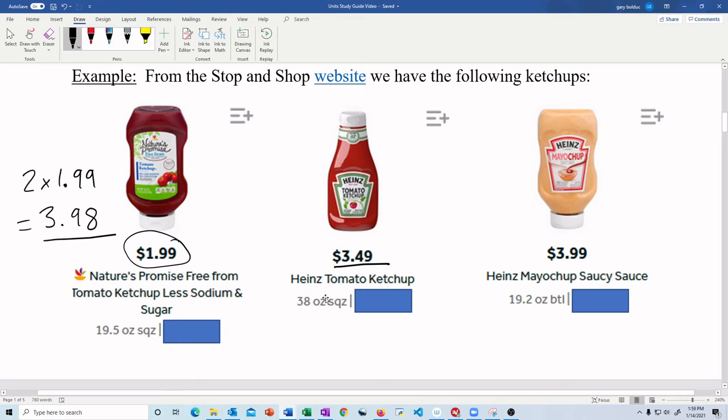It's more ketchup for the price you're paying. But that's what makes these things difficult, there's lots of variables you have to consider. Sometimes you just got to go with the cheapest thing that you can. It hurts you in the long run, yes, but you got to do what you got to do. So that's unit price. How do we compare 2 things that seem like they're not comparable really, because one is much bigger than the other?